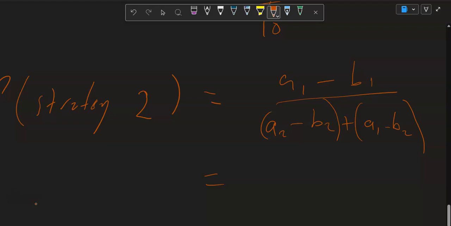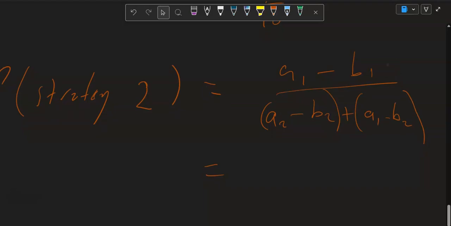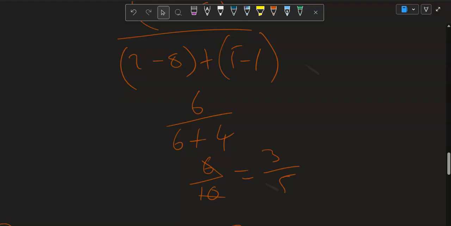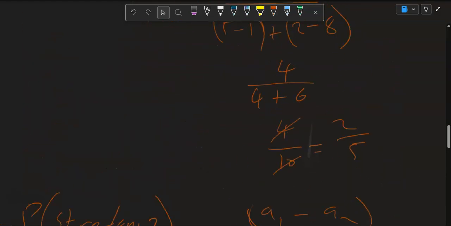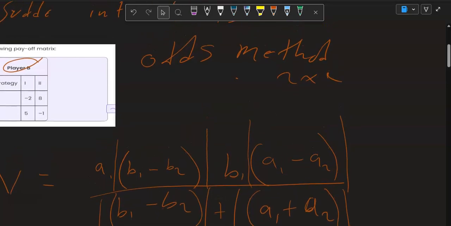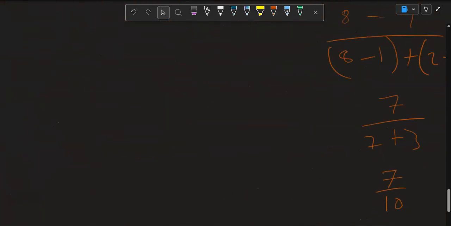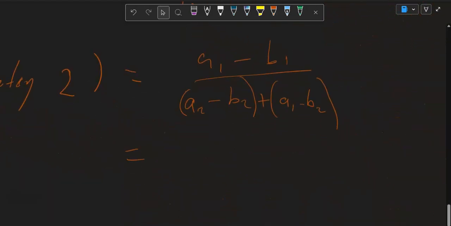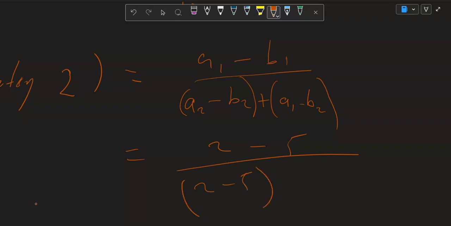That is our formula for the probability of strategy 2, and let us input the values there. We know that A1 should be 2, right? So we have 2, 8, 5, and 1. Right, so you have A1 as 2, B1 as 5.